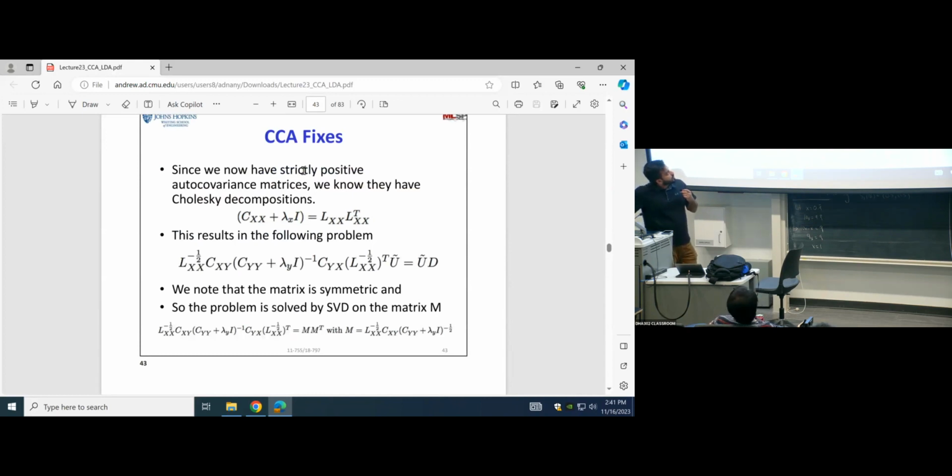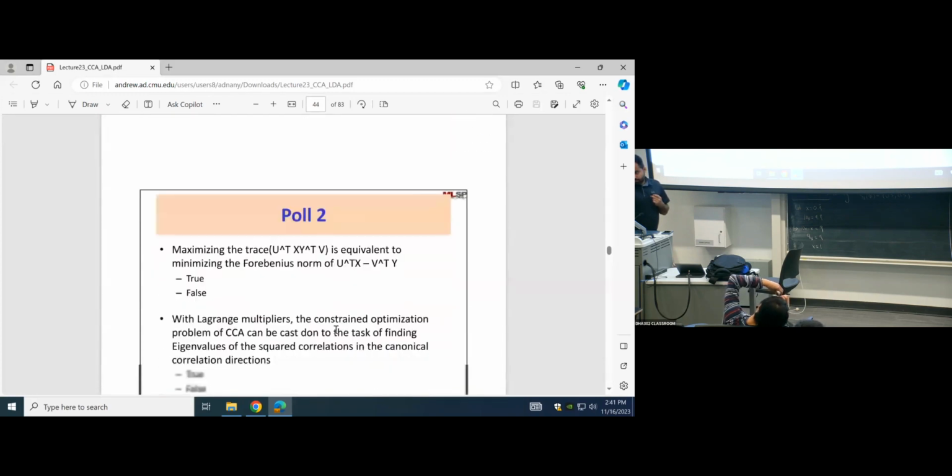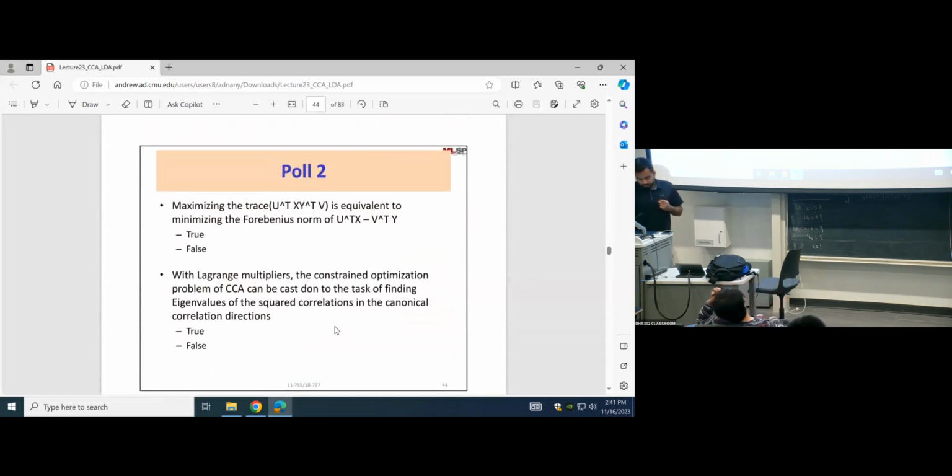It turns out that if you have a strictly positive covariance matrix, then you can put it in this form. And then you can do SVD because you have the properties. So yeah, just take poll 2.